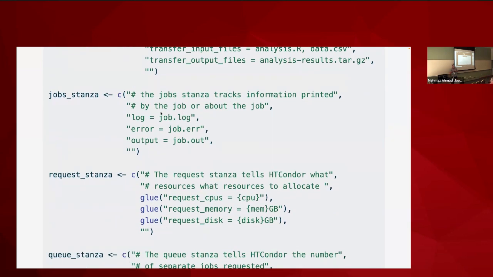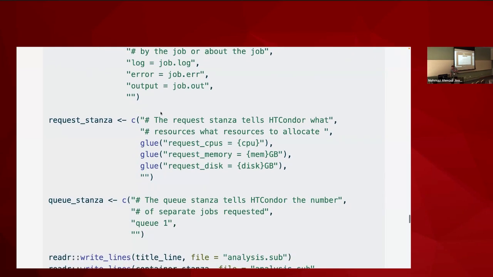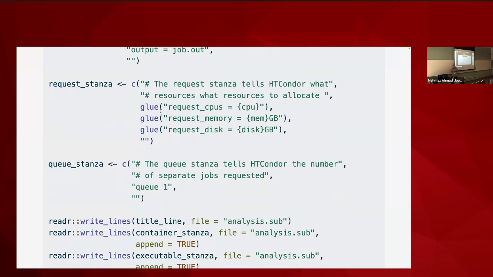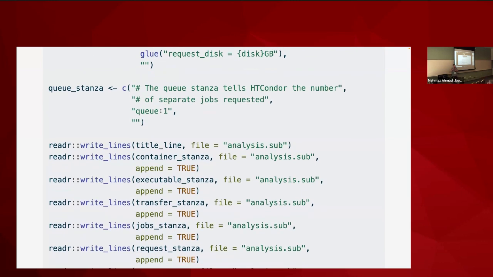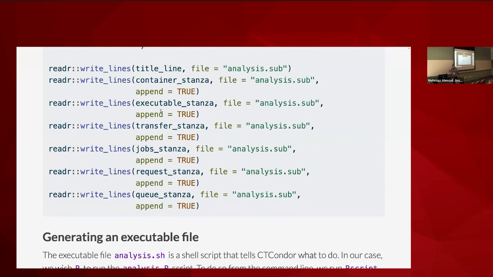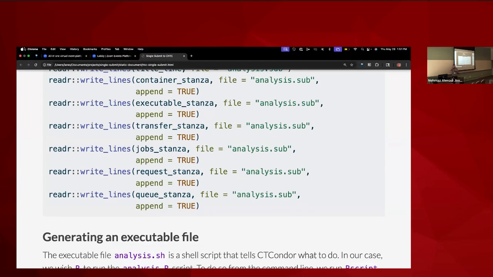The job stanza tells Condor how to handle all the meta files that it creates to run the job. The request stanza requests the resources needed, and the queue places the job in the queue to be run. And those lines here just actually create the .sub file.